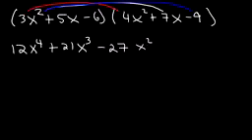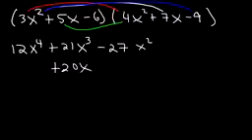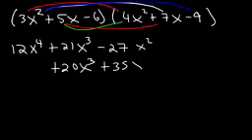Now let's move on to the next one. That is 5x. So let's multiply 5x by 4x squared. So that's going to be positive 20x cubed. And then we'll multiply 5x times 7x, which is positive 35x squared.